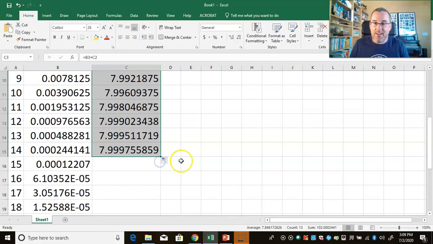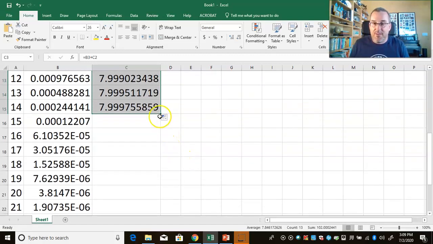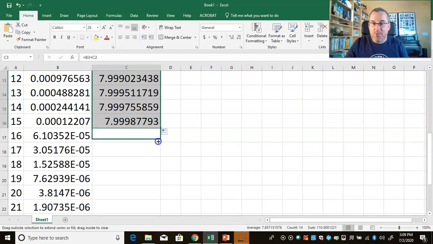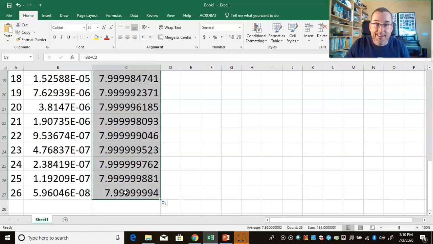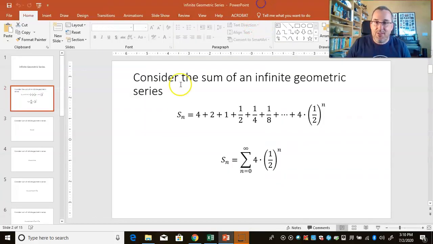Well, notice we're only in the 14th, 15th terms that we're summing up, and I hope you see that the evidence is pretty strong that this series gets closer and closer and closer to, yes, it's 8. Good job. Yes, this thing seems to be converging to 8. Now, let's go back to Excel and see more.